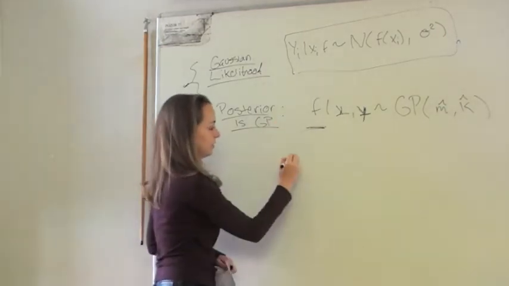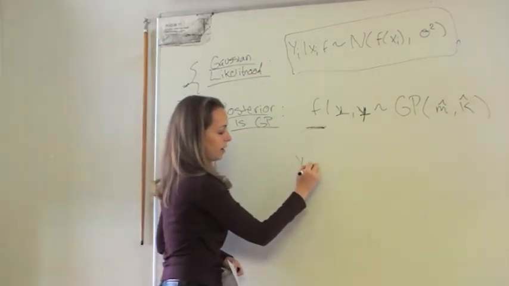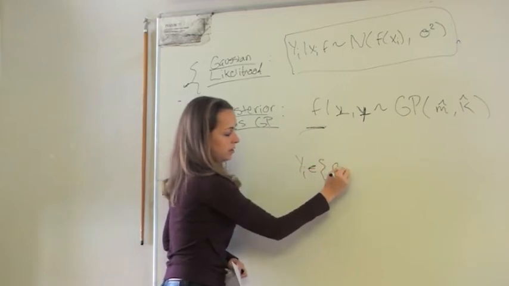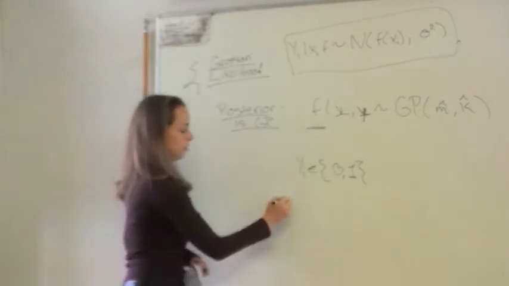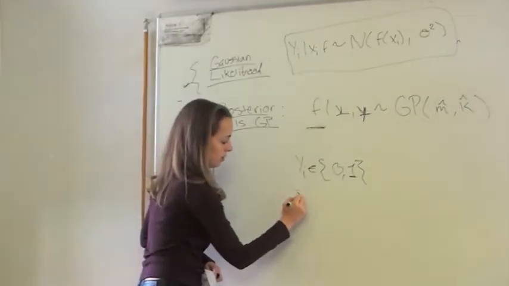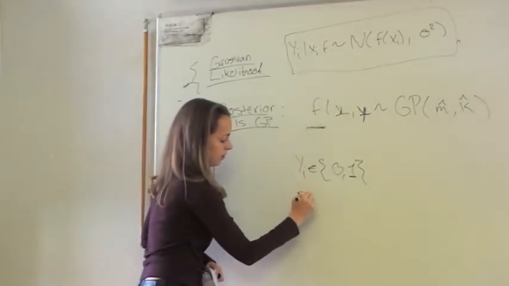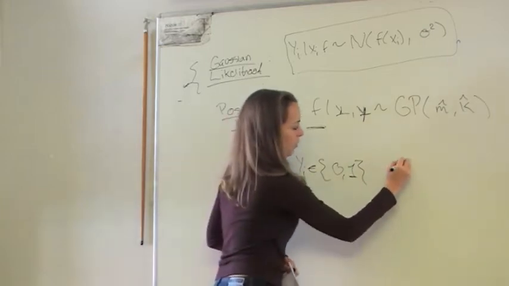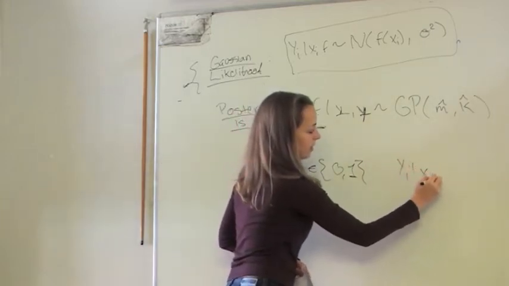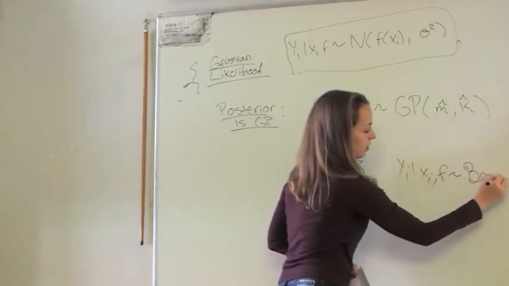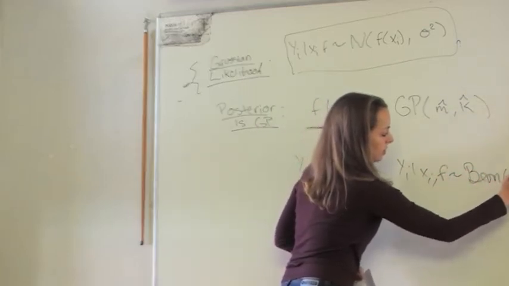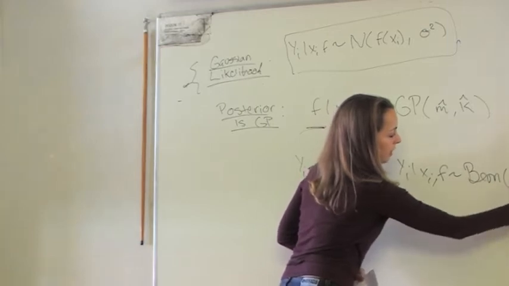An example of this is, suppose y is just binary, so it takes values in 0, 1. So we could say y given x_i and f is Bernoulli with some probability that depends on x.